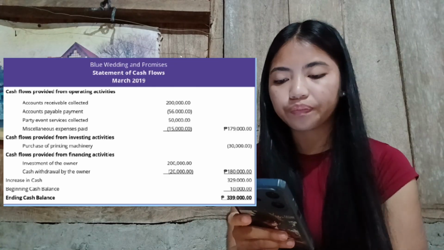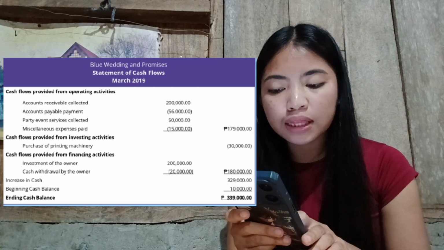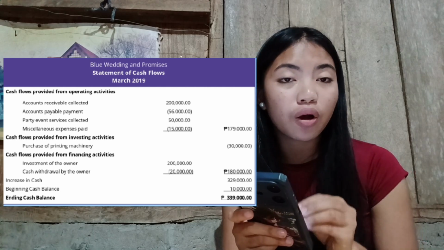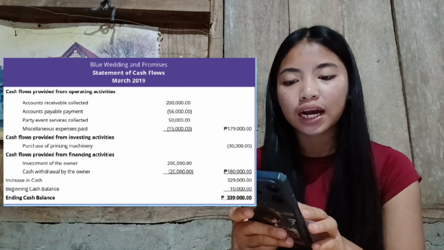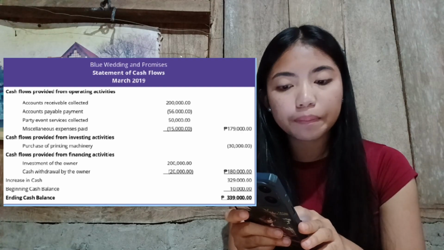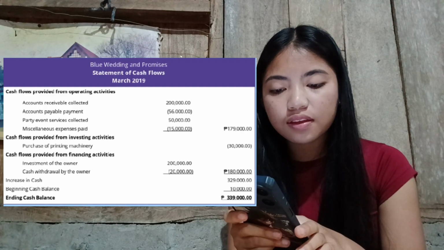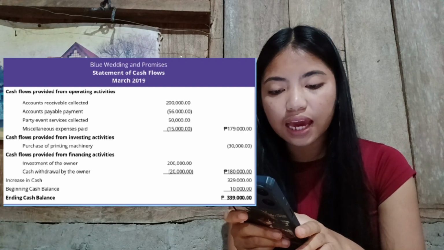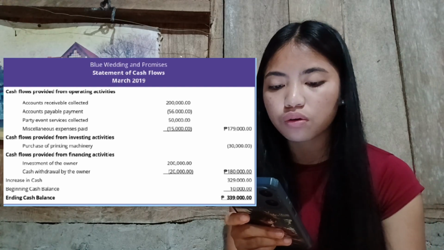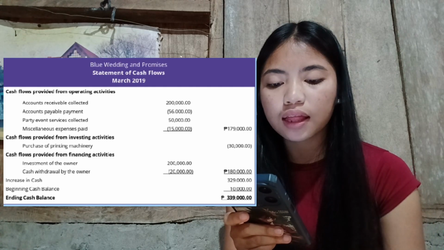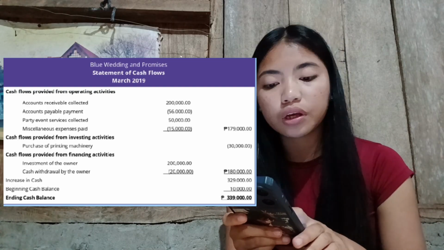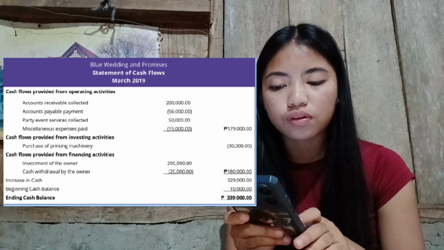329,000 pesos. And we have the beginning cash balance, the balance from before, so we add it to the increase in cash. Since we have 329,000 pesos, we add the 10,000 pesos for a total of 339,000 pesos.